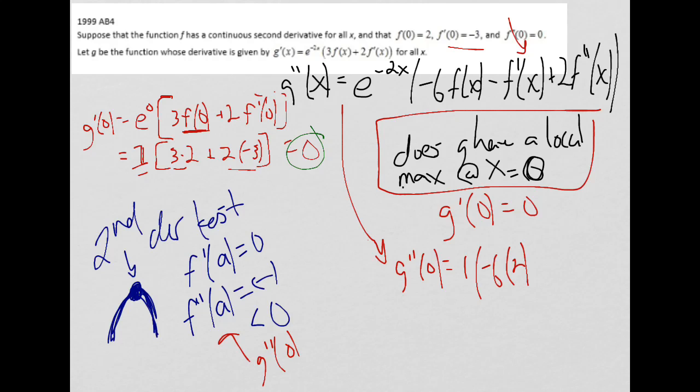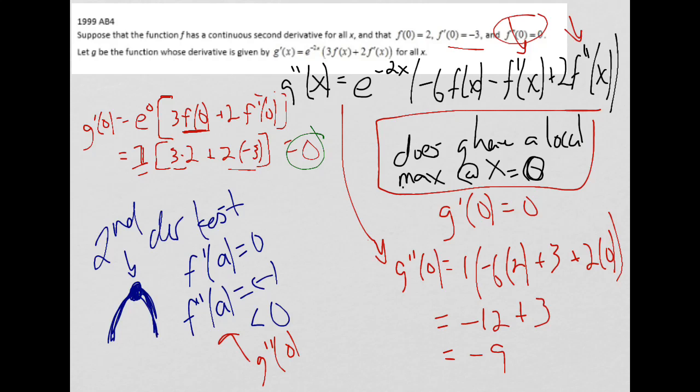I know that f prime is negative 3, so I get plus 3 with the double negative there. And then this guy right here says 2f double prime of x, right? So f double prime of 0 is 0, so plus 2 times 0. And notice I get the 1 just multiplies in to not change anything. I get minus 12 plus 3, which is minus 9.